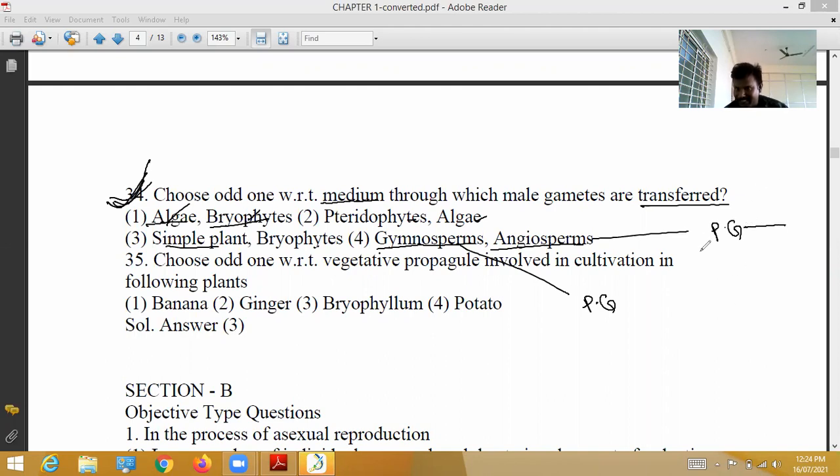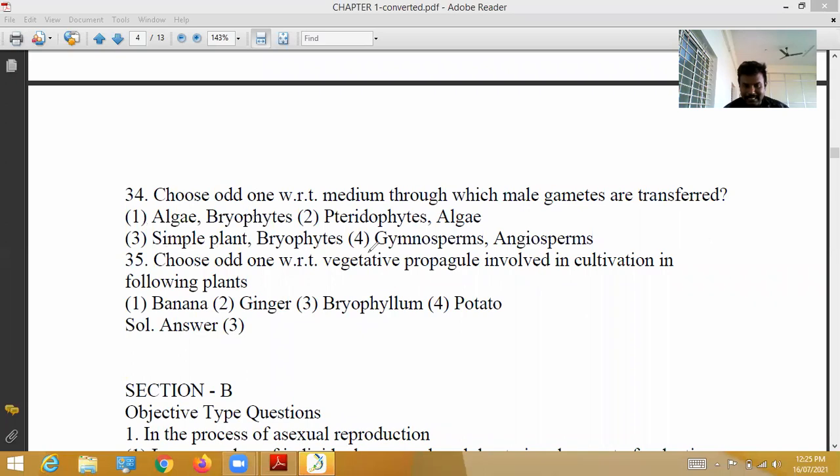When pollen grains germinate, at that time they produce male gametes. How male gametes are formed we already discussed very extensively in this second chapter. So among the four options, the correct option is the fourth option. That is the only odd one. For the remaining three, what is the medium? That's all. 34th question, the correct option is 4.